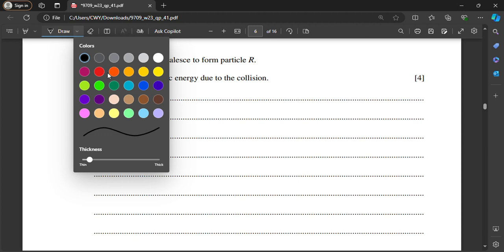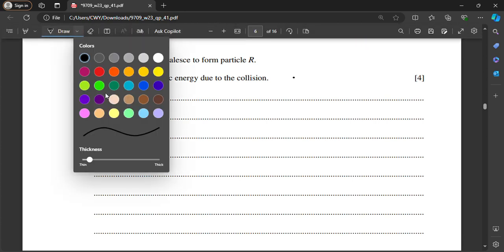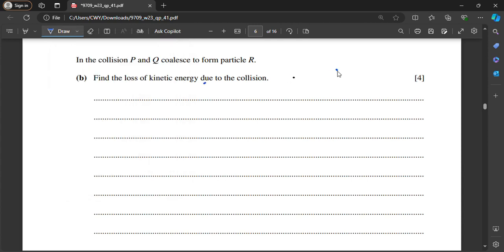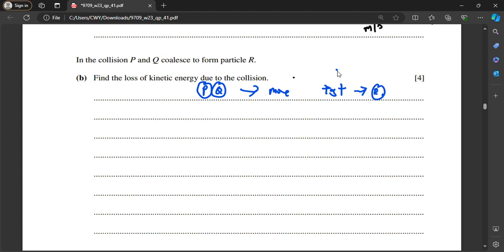In the collision, P and Q coalesce to form particle R. So what does it mean? Now, the scenario is like this. P and Q collide, and they move together to form R. So it wants to find the loss of the kinetic energy.